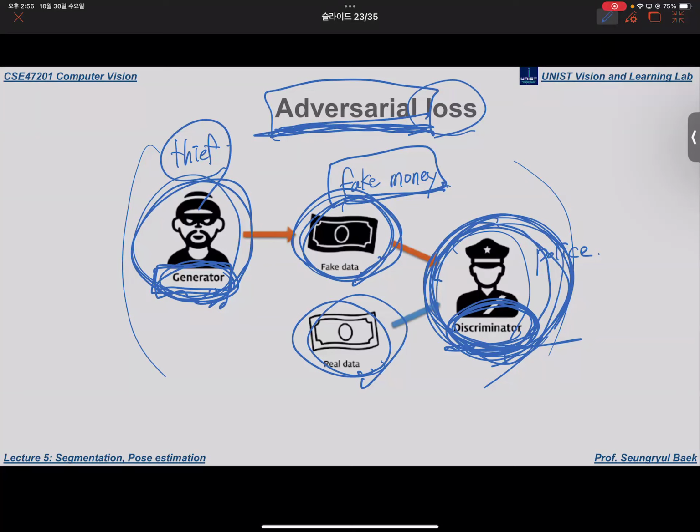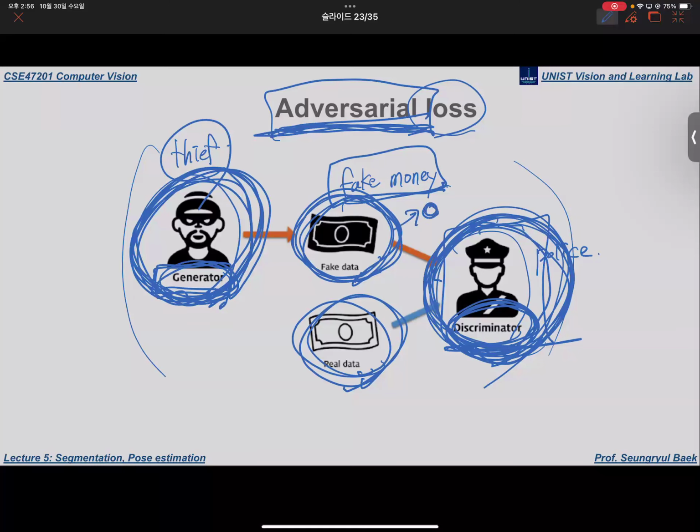Our aim is to train the generator, but the discriminator is also trained during this process. The discriminator takes both fake data and real data as input. It is trained to output 0 for generated data, and to output 1 for real data.